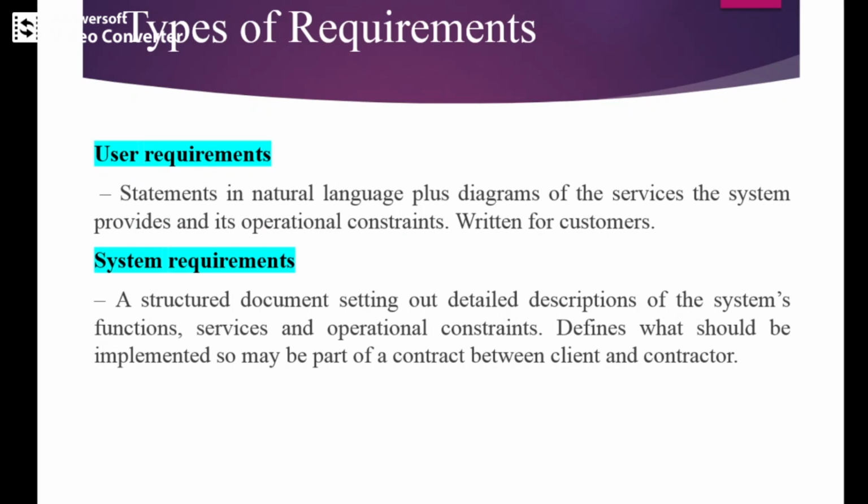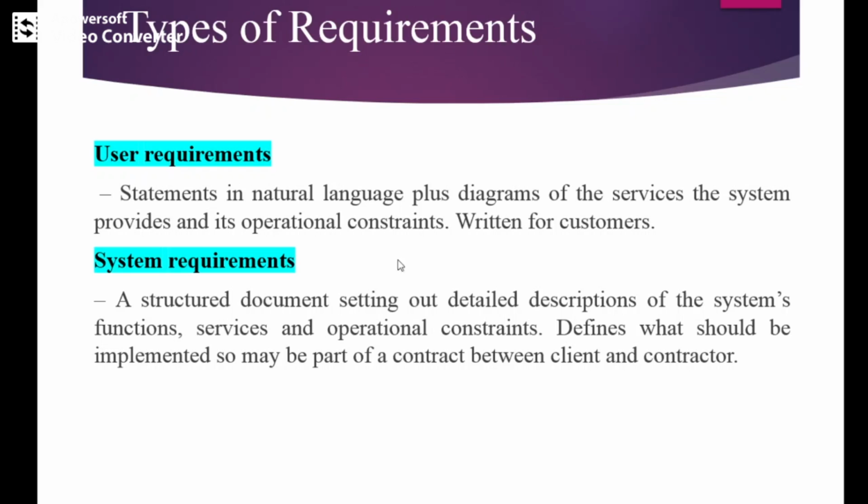Now we'll see the types of requirements. We have user requirements and system requirements. What do you mean by user requirements? Requirements given by the user, I can tell. Mainly they will give them in their own language, that is natural language, your English.